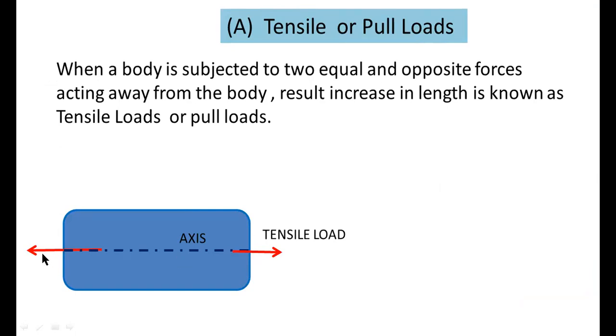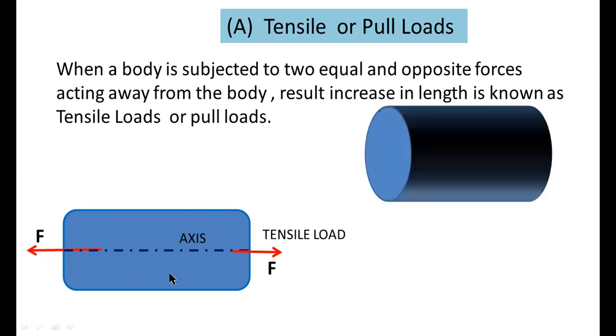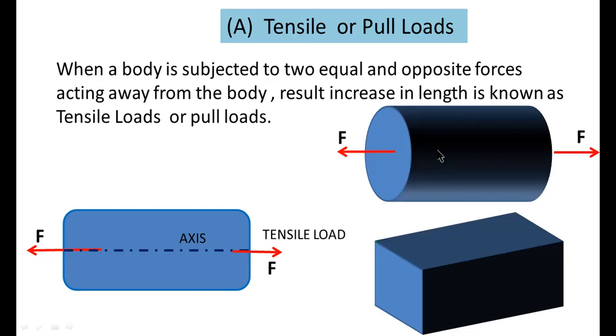These two loads are called tensile loads. This is the front view, and this is the isometric view of the shaft. Here this is a circular shaft, and this is a rectangular or square shaft.